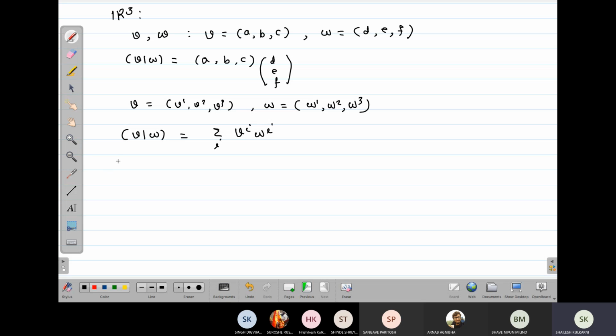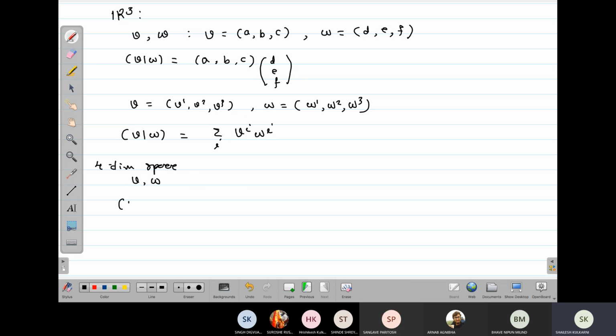Suppose I consider a four-dimensional space, not R4, with the following inner product. Let v and w be vectors in this four-dimensional vector space. So v is v1, v2, v3, v4 and w is w1, w2, w3, w4.